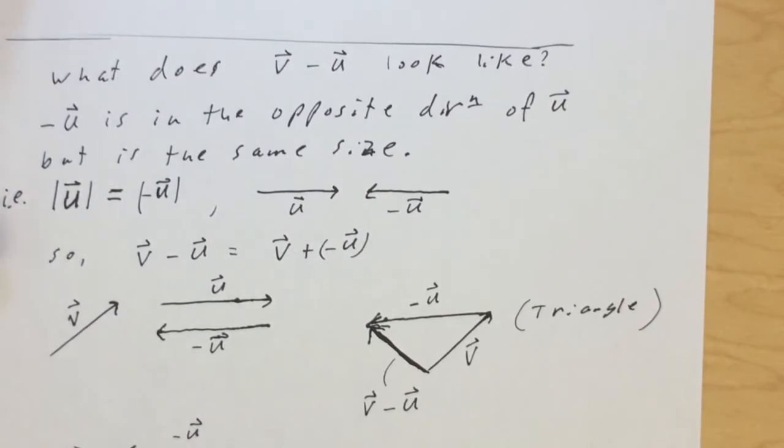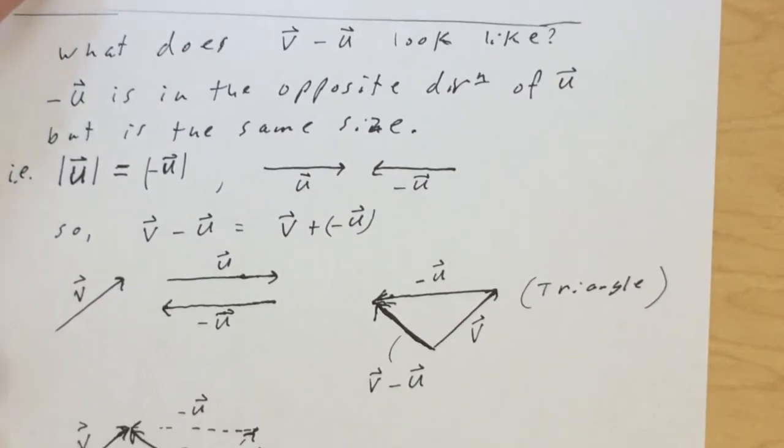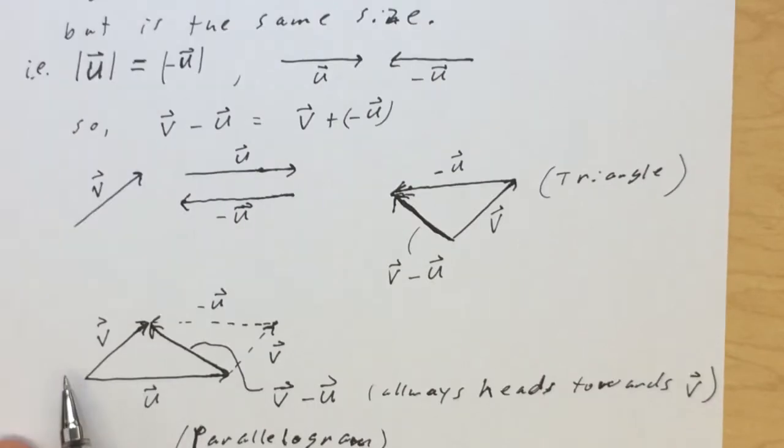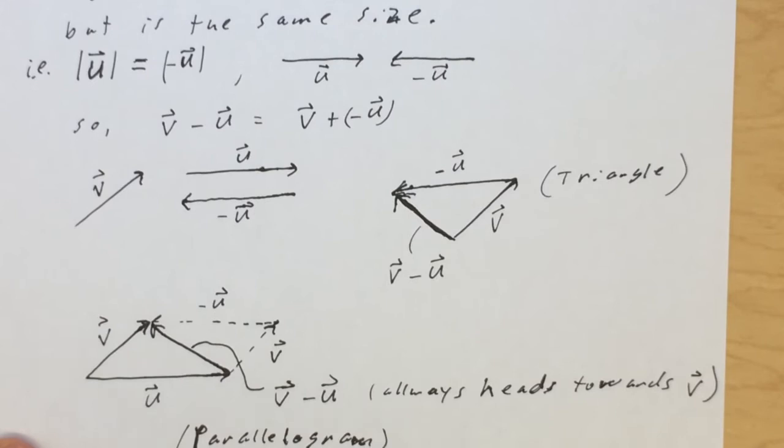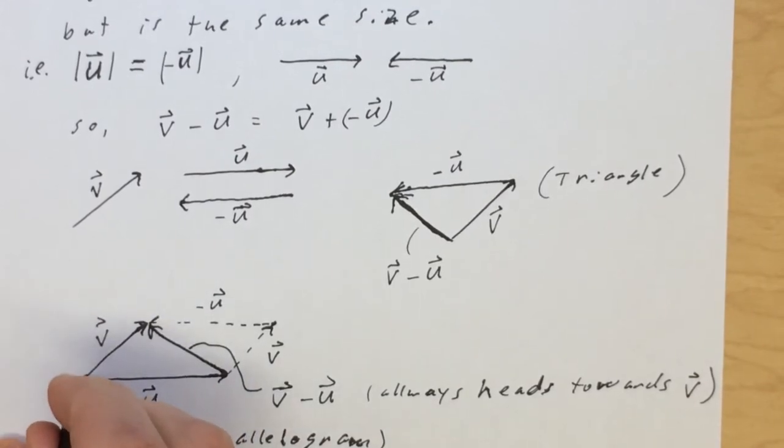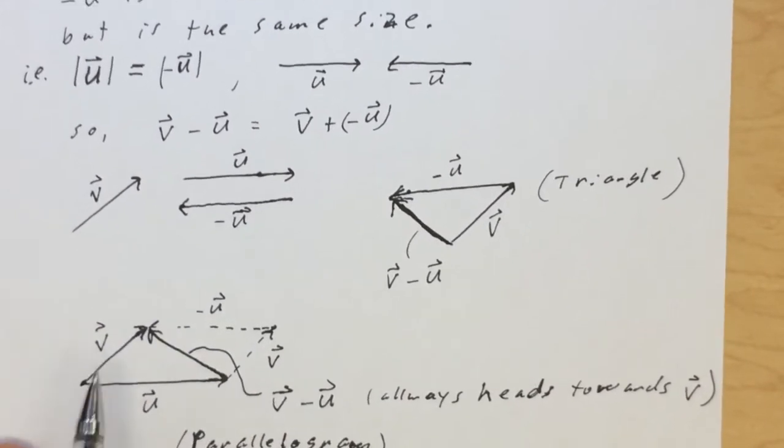Using the parallelogram law, we have something slightly different. If we make v and u starting at the same point again, and use the parallelogram law to add these two, v plus u, I would make a diagonal across here, going from where these two join to the end over here.